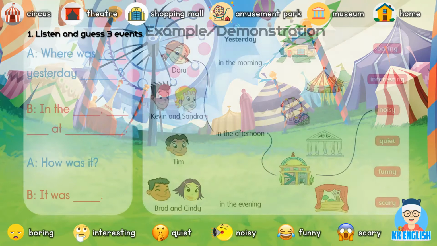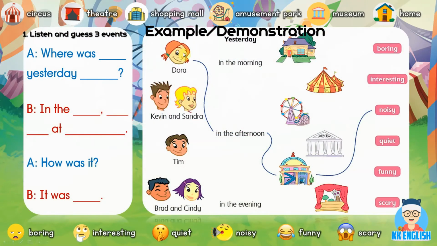Now, let's look at an example. 我们来看看一个例子。So you can see 4 group of people, 4组人。They are morning, in the afternoon, and in the evening. There's a house we call home, circus, amusement park, museum, shopping mall, and theater. Boring, interesting, noisy, quiet, funny, scary.